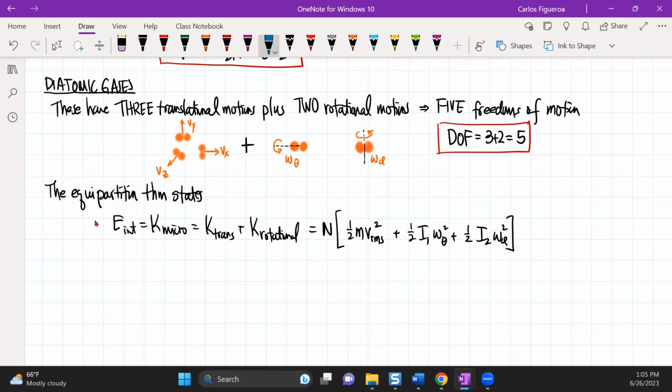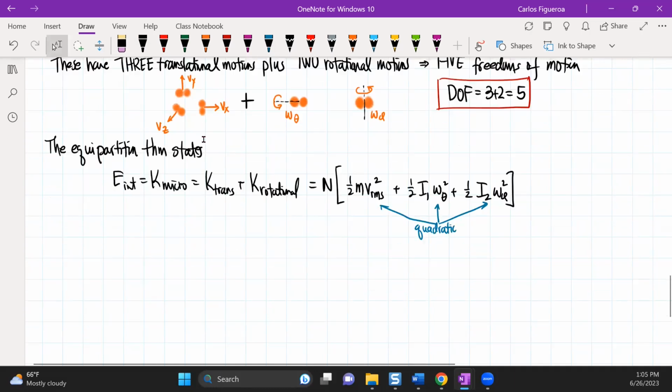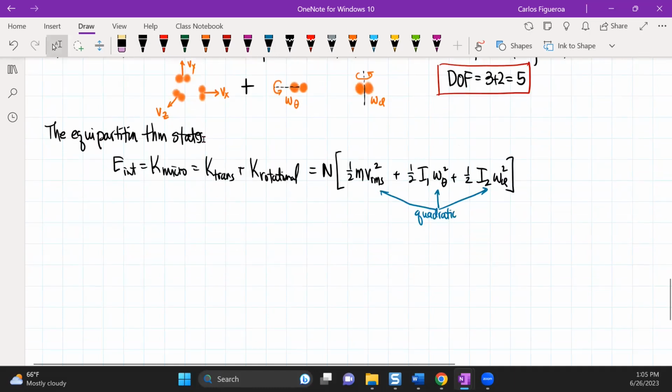And you can see here is that this guy and that guy right there, they're quadratic in kinetic energy. So then each of these guys gets 1/2 kBT.